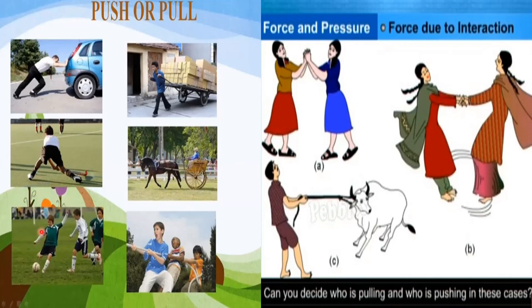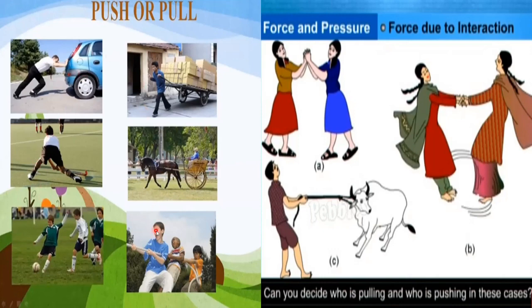Then in the third picture, you can see the players are kicking the football, so as to say pushing the ball away from them. See from these three pictures what it infers, children. These persons are moving the objects away from themselves.